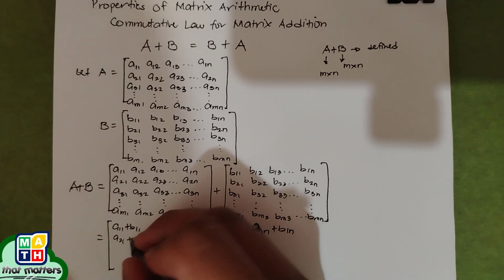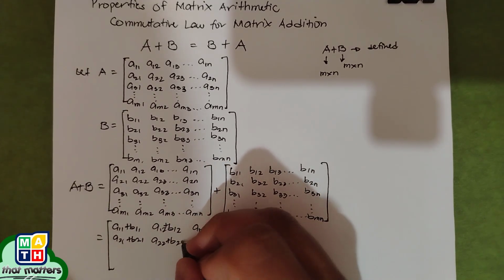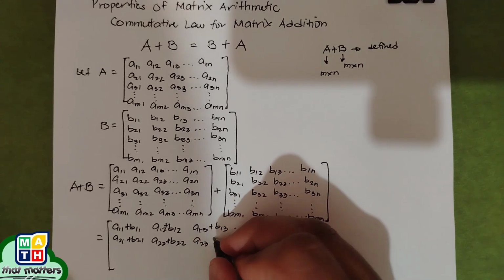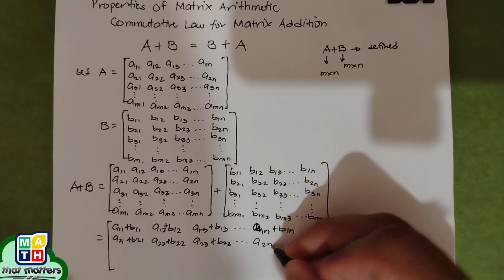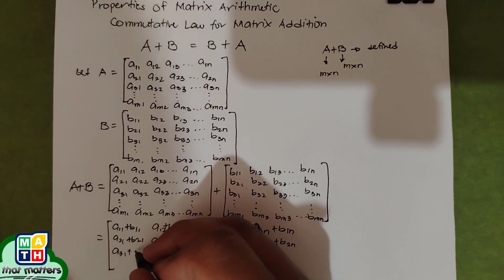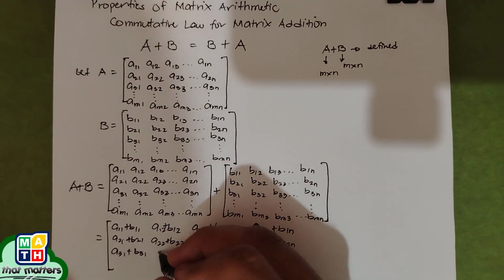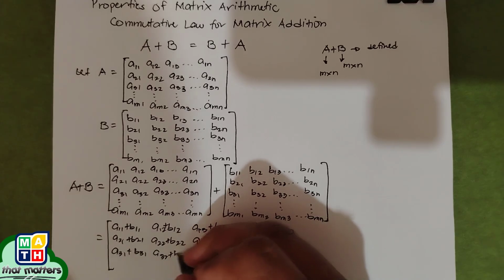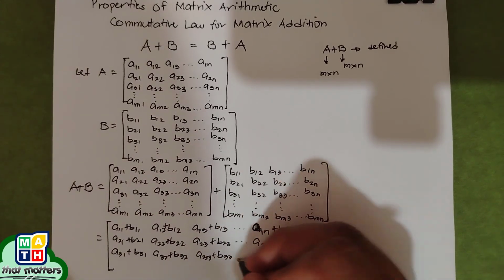Next, A21 plus B21, A22 plus B22, A23 plus B23, A2n plus B2n. You have A31 plus B31. Simply look at the components. A32 plus B32, A33 plus B33.